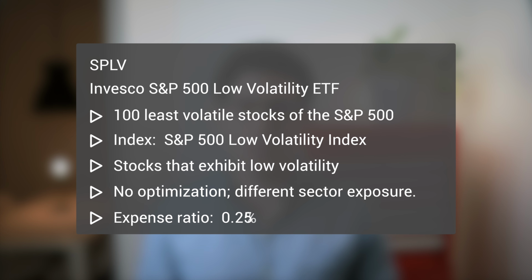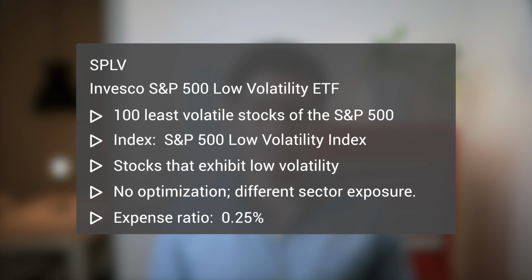Next up is SPLV. The Invesco S&P 500 Low Volatility ETF holds the 100 least volatile stocks of the S&P 500 that comprise the S&P 500 Low Volatility Index. Compared to USMV, SPLV provides a basket of individual low volatility stocks as opposed to a low volatility portfolio in aggregate.